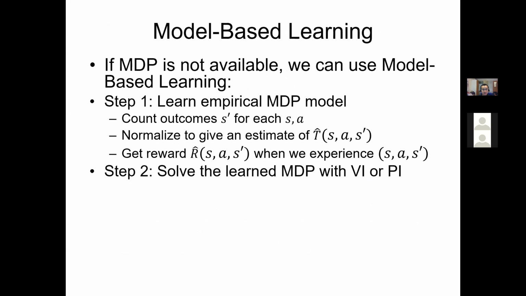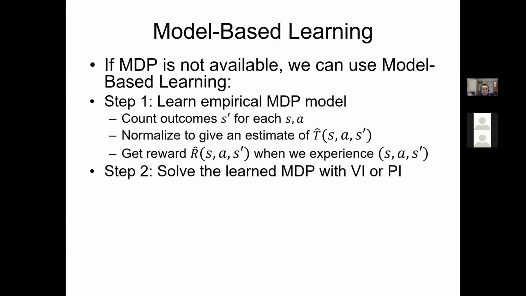So I've been discussing MDP-based planning with the assumption that we know the MDP, we know the reward R and the next state given the current state and action. But if the MDP is not available, we can use model-based learning.